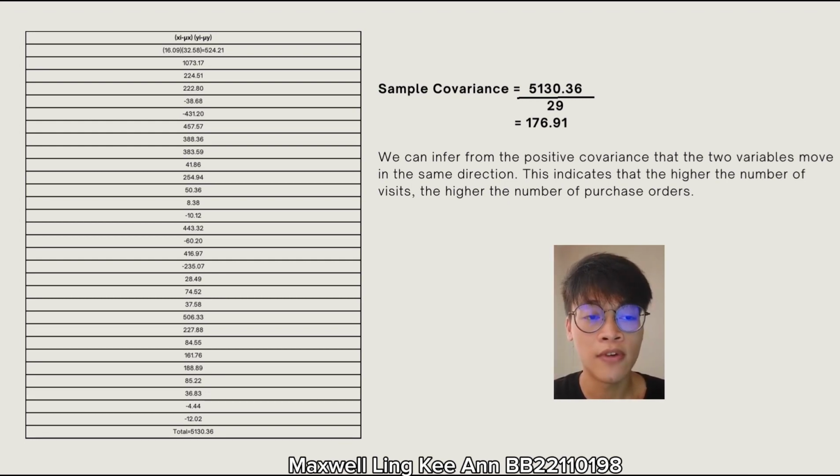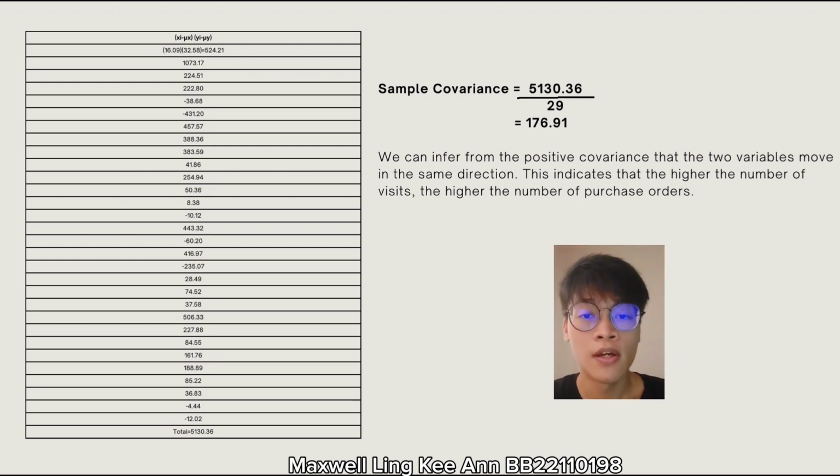Next, we need to find the number of items in the data set, which is 30. According to the formula, we need to divide this total value by n minus 1, which is 29. Therefore, we divide 5130.36 by 29, which gives us a value of 176.91.